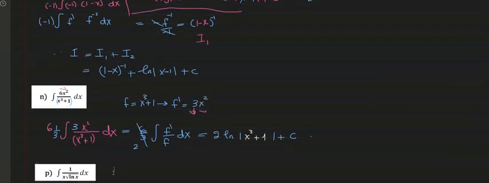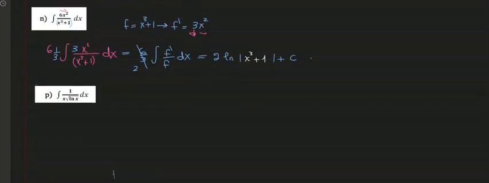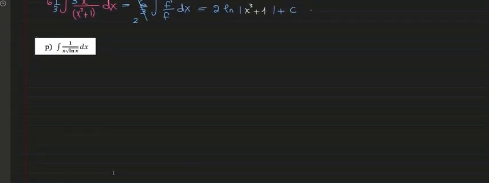in such problems. Okay, now in part B, we have the integration of 1 over x times root ln x. Again, we have two terms in the denominator, which we can rewrite as 1 over a times 1 over b. This is very good.